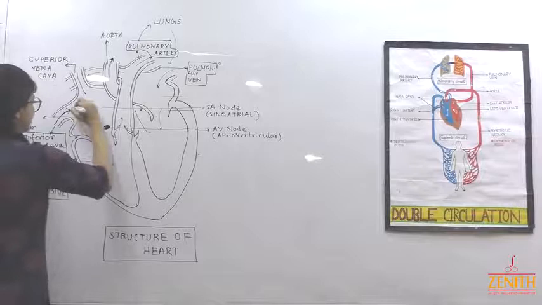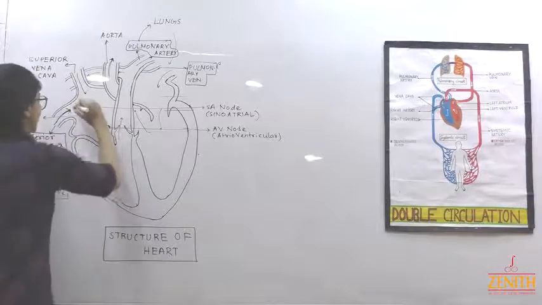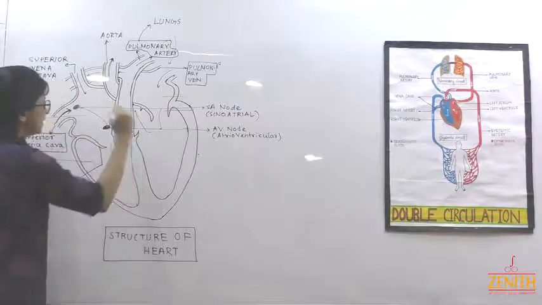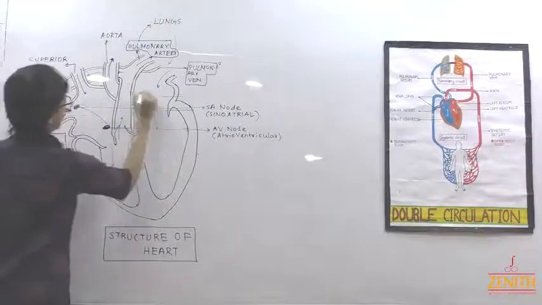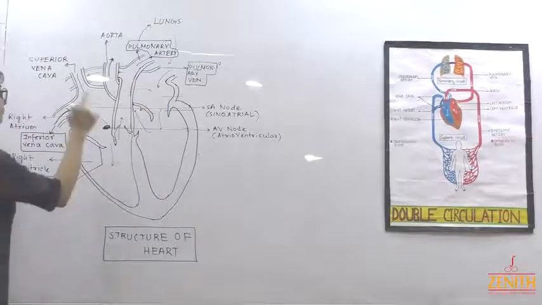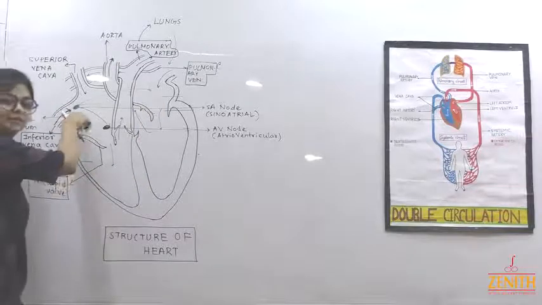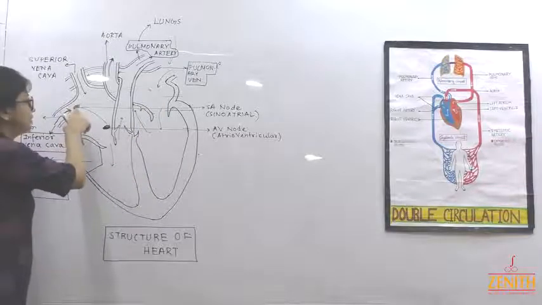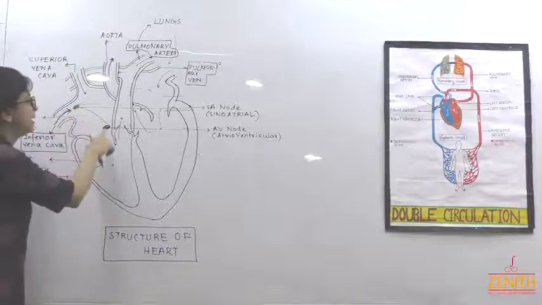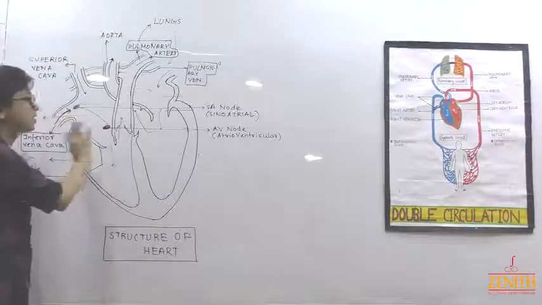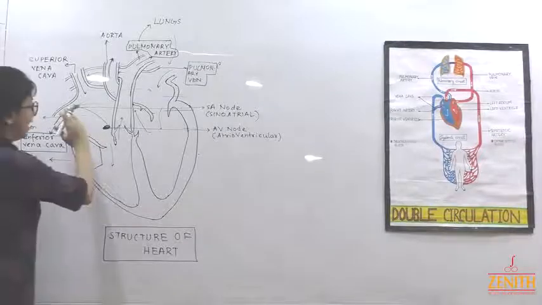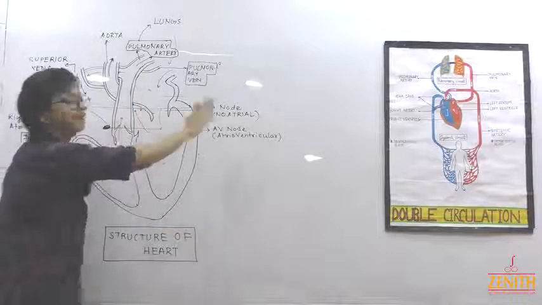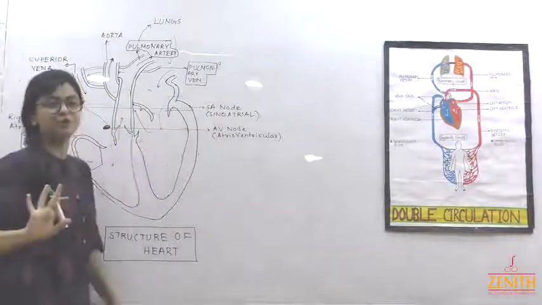So this SA node first generates an electrical impulse. It will be transmitted to the AV node, and also to the left atrium.